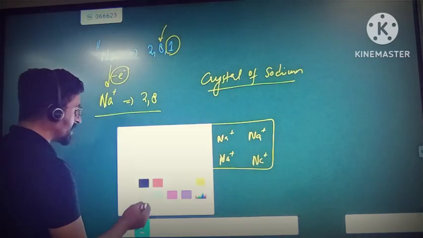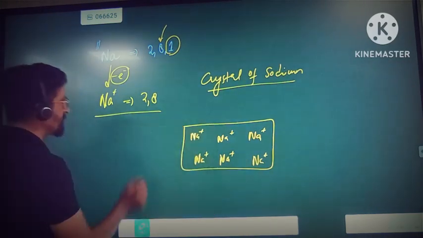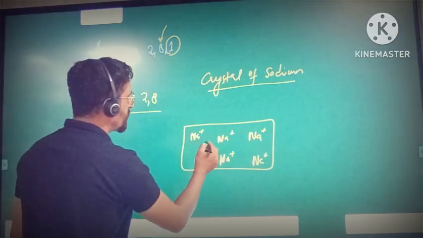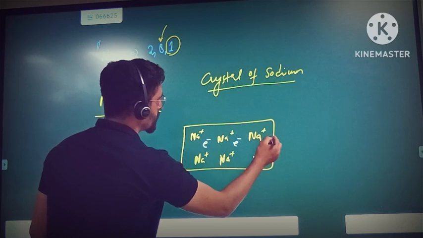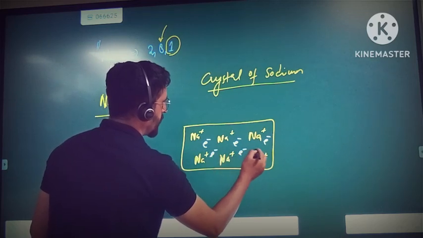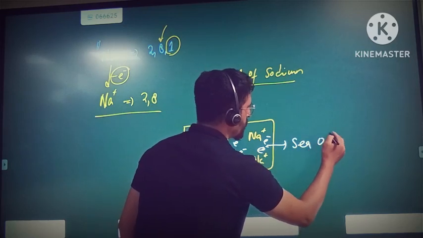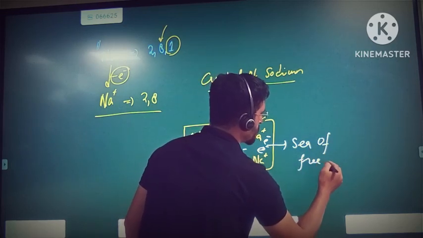Now these valence electrons that we talked about, in order to get stability, are found here. These are loitering here. And these electrons form a sea of free electrons.